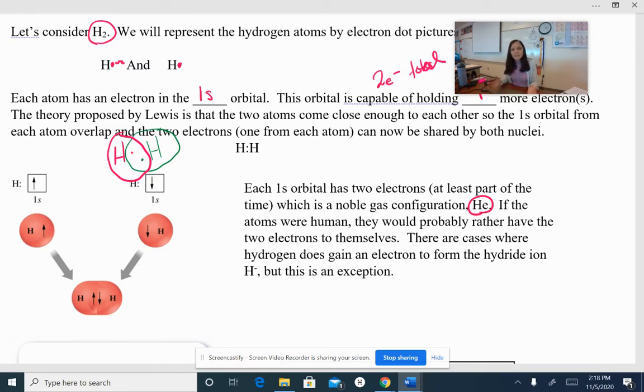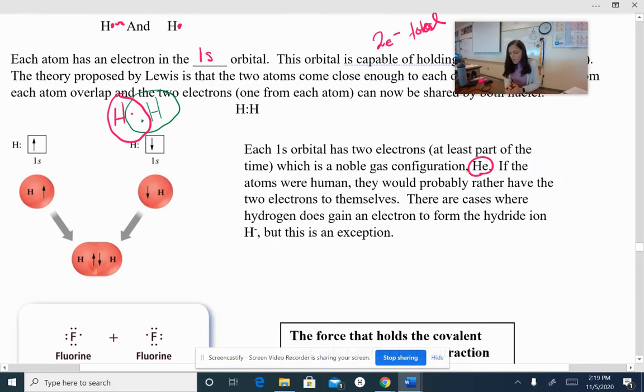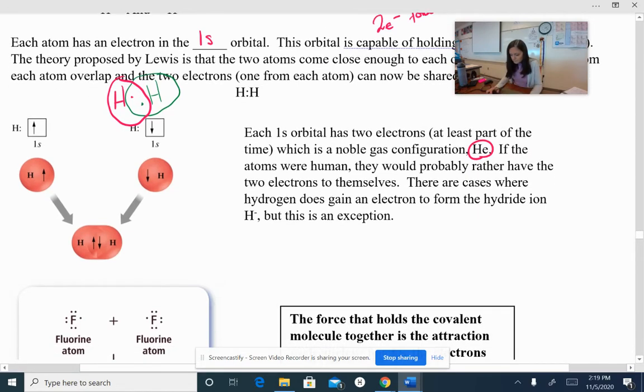Remember I said that elements or atoms will react in order to obtain a noble gas configuration? Well, in ionic compounds, they give up or accept electrons to get that noble gas configuration. In covalent bonding, nonmetal to nonmetal, we share electrons to achieve that octet or that noble gas configuration. If the atoms were human, they'd probably rather have the 2 electrons all to themselves, but sharing is better than not having the 2 electrons at any time, okay?